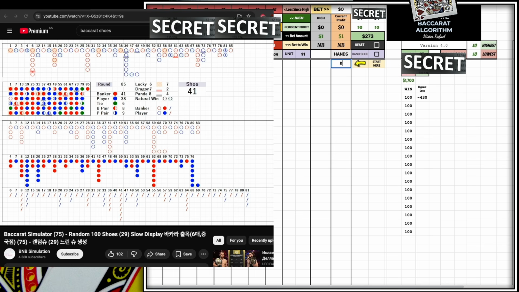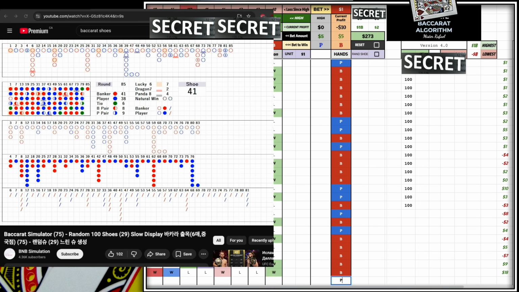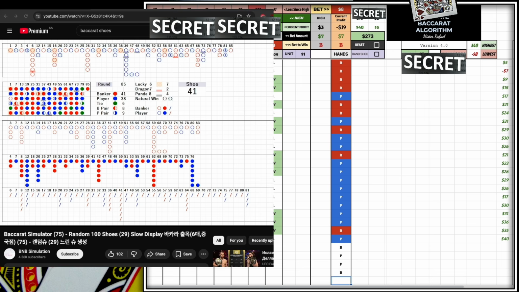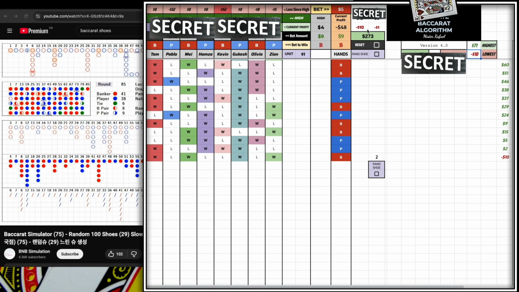Okay, here we go. Shoe 41, highest profit $71, lowest minus $10, currently sitting at minus $10.